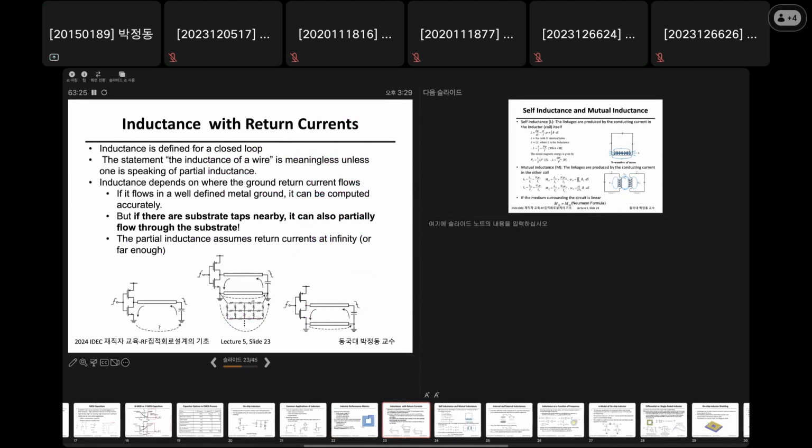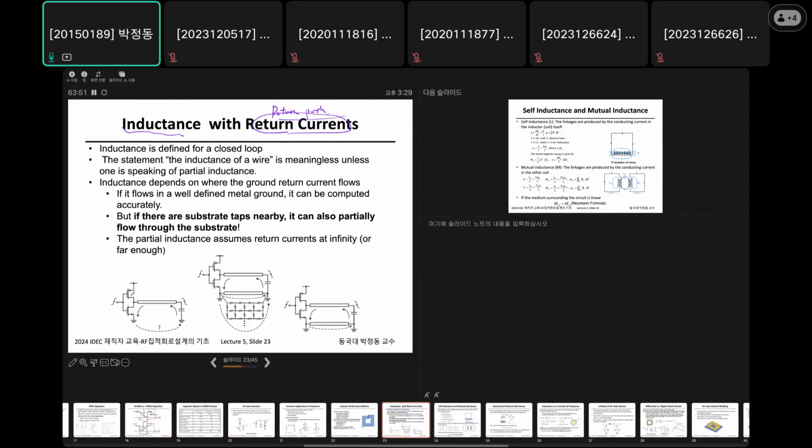Another thing that you have to consider is inductance. Whenever you consider inductance, you have to always consider the return current, the return path. Okay, return path. Whenever you think about an inductor, you have to think about the return path. Okay, let's talk about this.